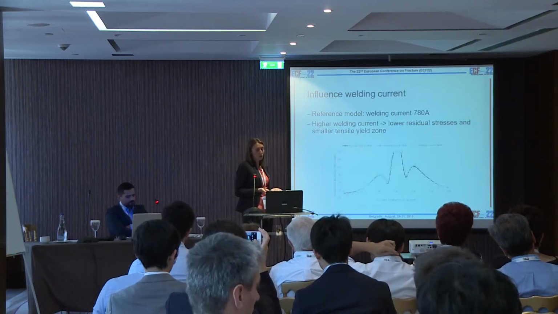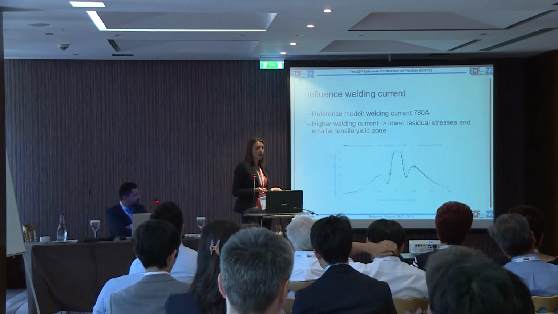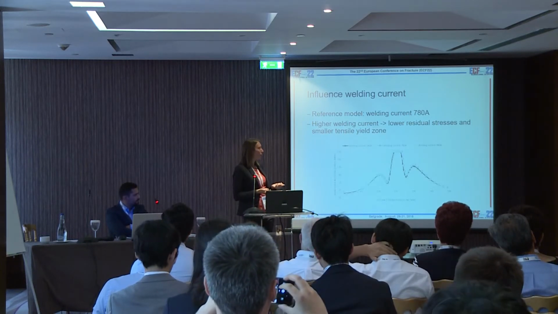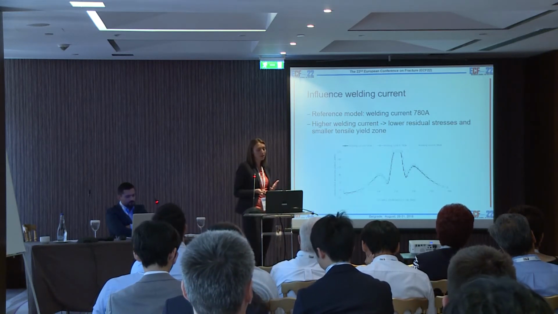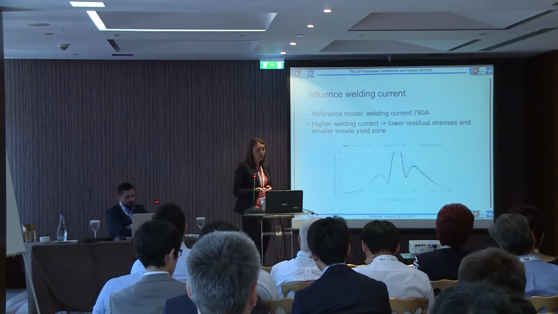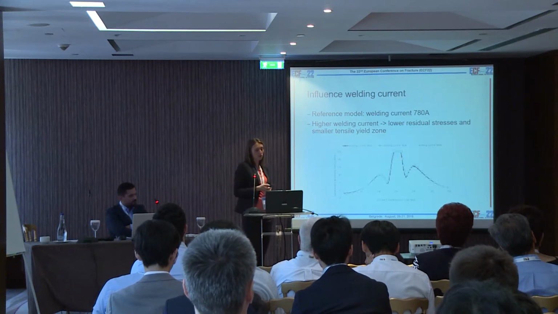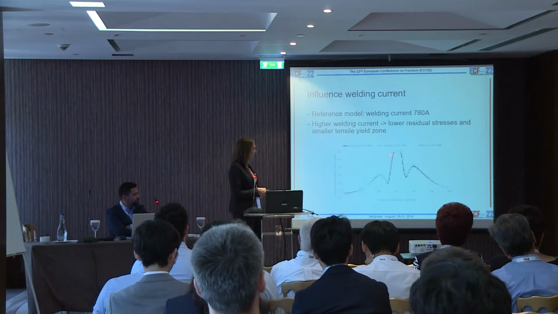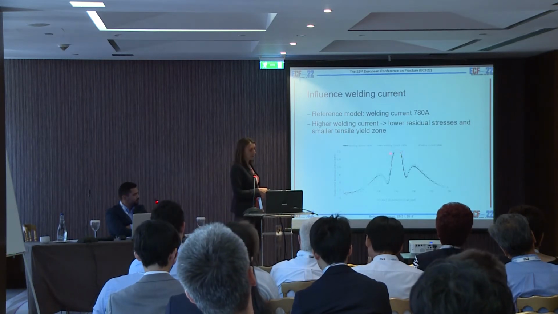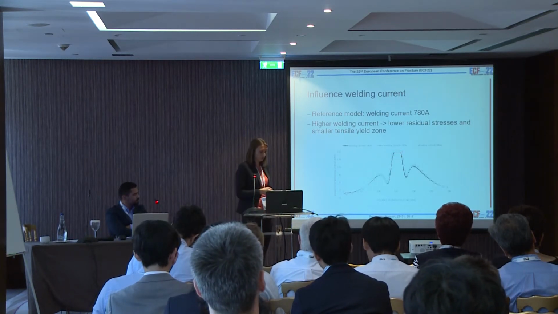Also, for the welding current, we saw that a lower welding current than the reference model had no effect on residual stress. However, a higher welding current, higher than 780 amperes, will result in lower residual stresses and a smaller tensile yield zone. So here you see that the tensile yield zone is a little bit smaller, and this is what we want.